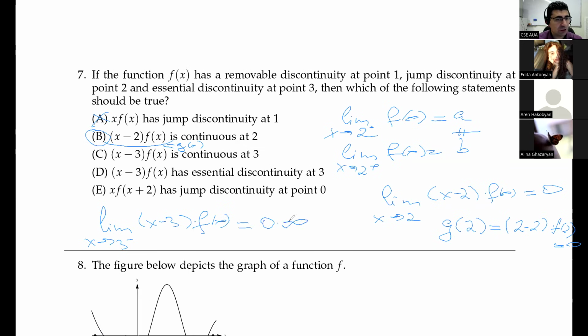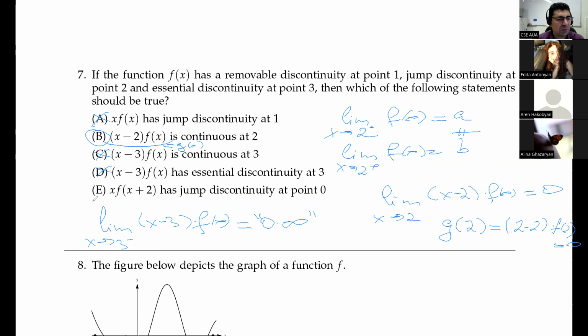Maybe we have 0 times infinity, which can be anything, even infinity. So maybe we still have an essential discontinuity, maybe not. So both C and D we should drop, because maybe our function is not tending to infinity fast enough to get a limit of infinity. We do not have enough information to say for sure that C is correct or for sure D is correct. Maybe for some cases C is correct, for some cases D is correct. So we are eliminating these two answers.